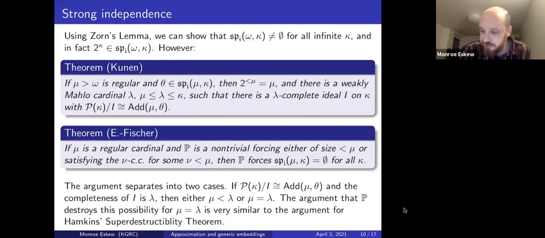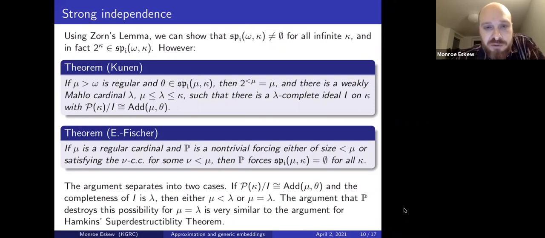But in the case of mu larger than omega, the situation is quite different. This theorem summarizes a short paper of Kunen, and we give a proof of this in our notation and terminology in our paper. So there are many combinatorial consequences of non-empty spectrum for mu larger than omega.